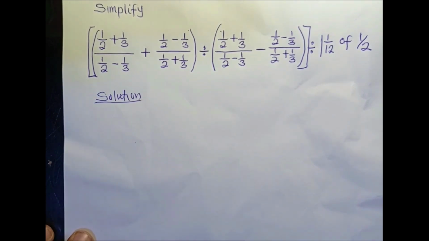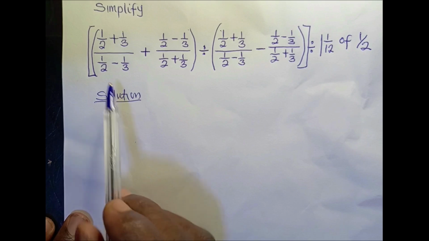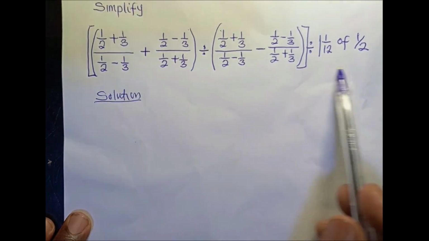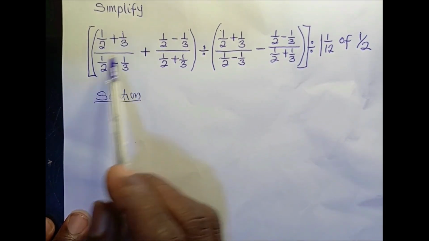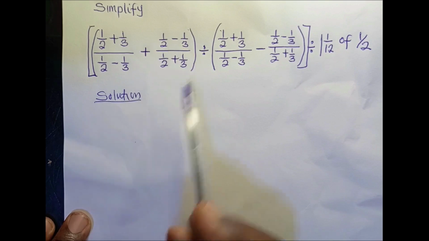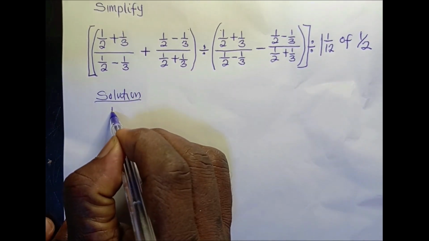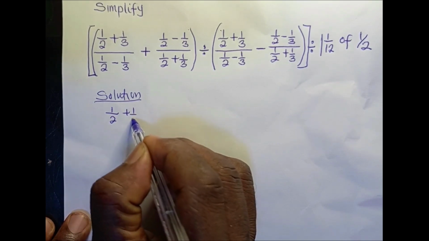All right. To begin with, we have already established that this complex fraction has common fractions that are adding or subtracting. And those common fractions are 1 over 2 plus 1 over 3.